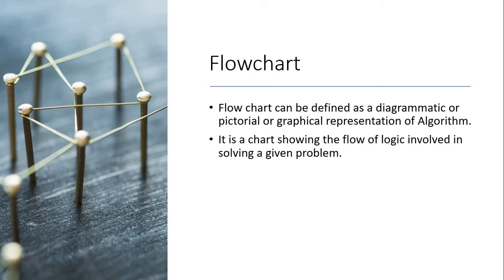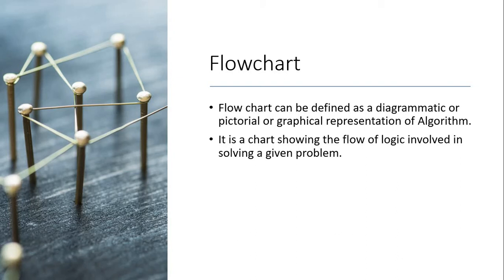As we have studied in previous classes, an algorithm is nothing but a step-by-step procedure to solve a given problem. An algorithm contains a set of steps which need to be performed to do a specific task.